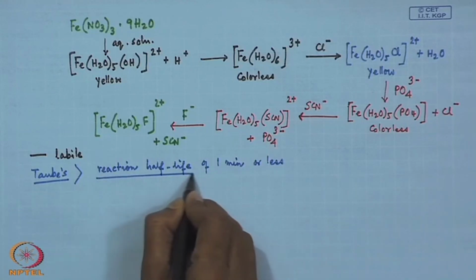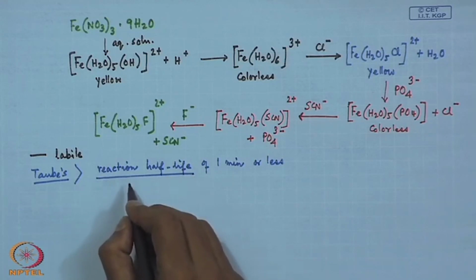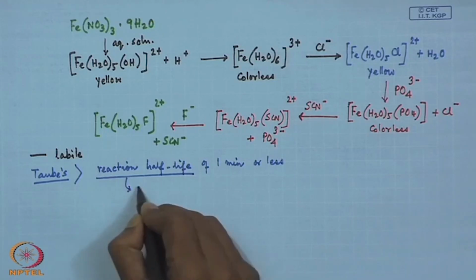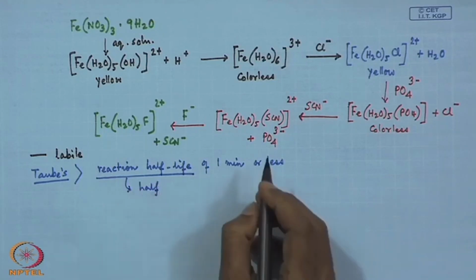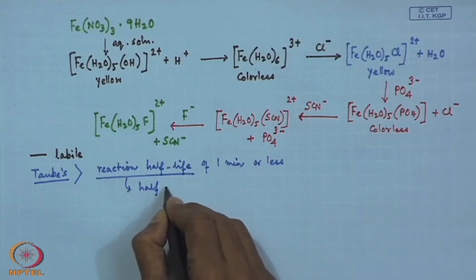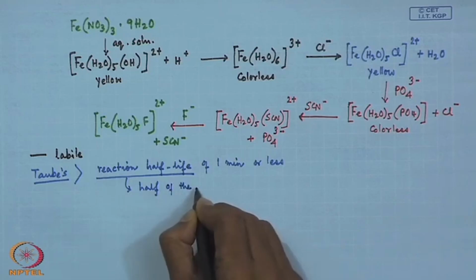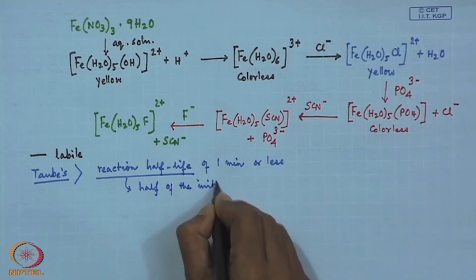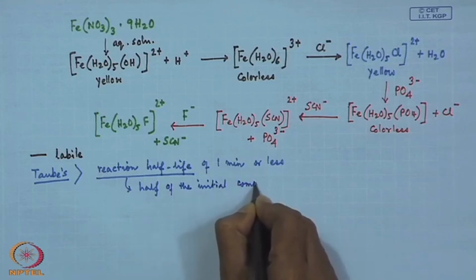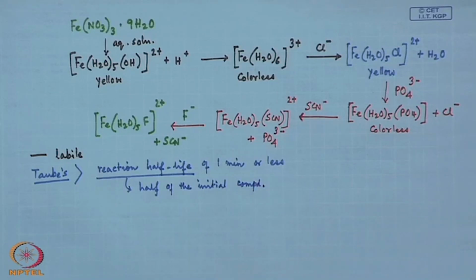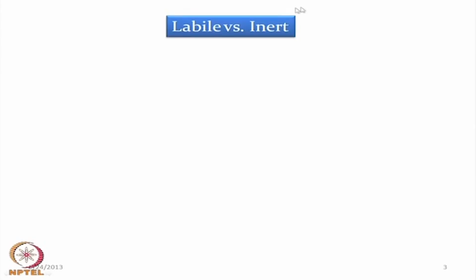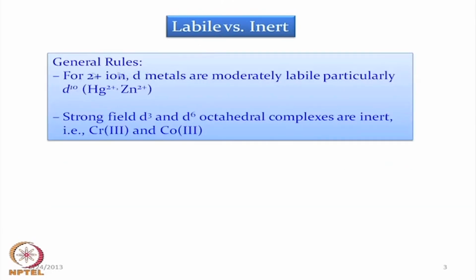Reaction half life is nothing but the time of disappearance of half of the initial compound. So, time required to disappear half of the initial compound. When the reaction half life is 1 minute or less, we get the corresponding labile complex. So, we have the corresponding definition for labile in our hand.